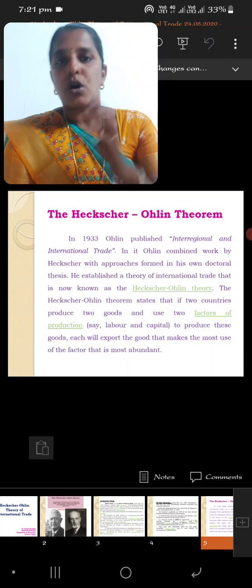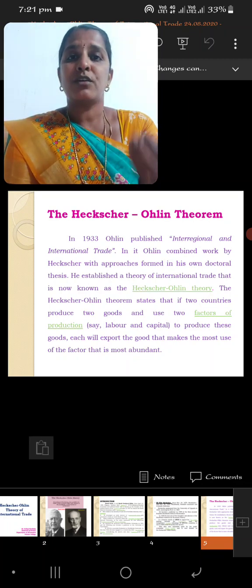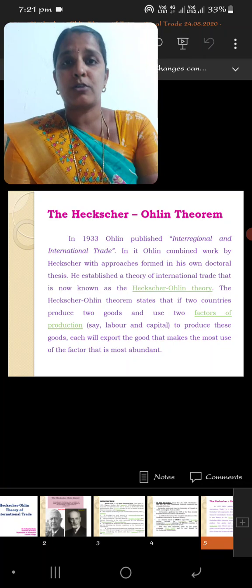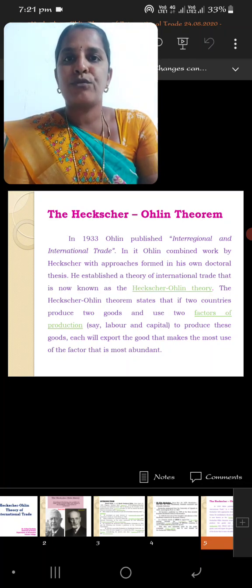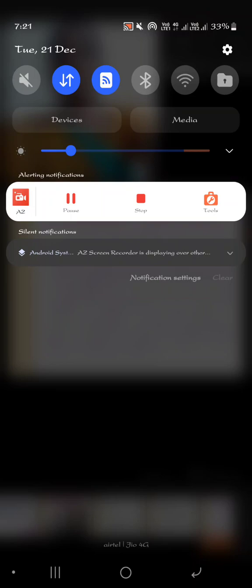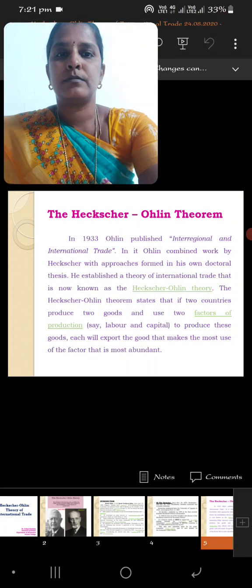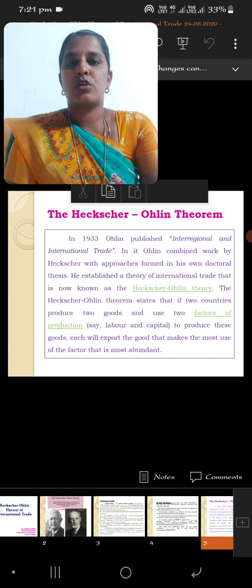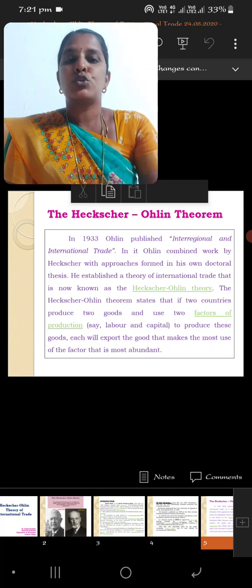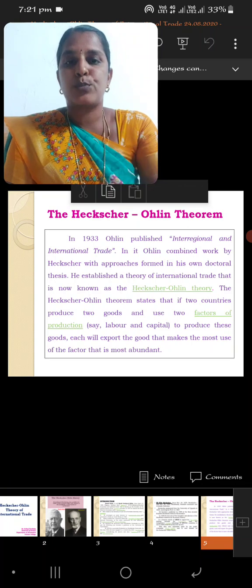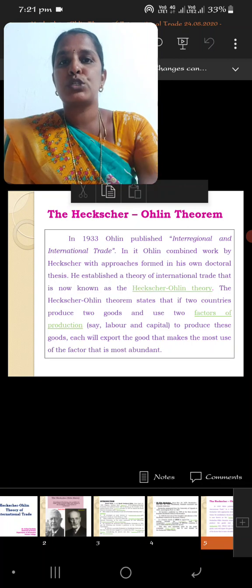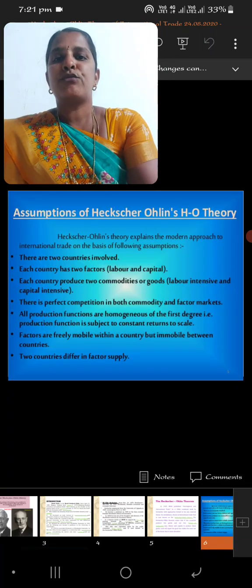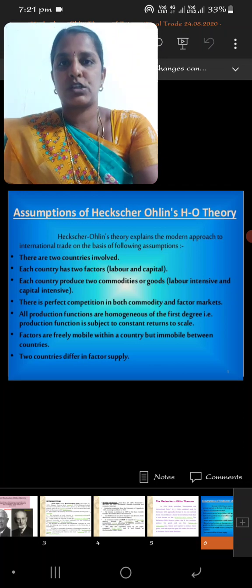If we take Australia and England, whichever factor is abundant in the particular country, that factor alone is used. Each country will export the goods that make the most use of the factor that is most abundant.